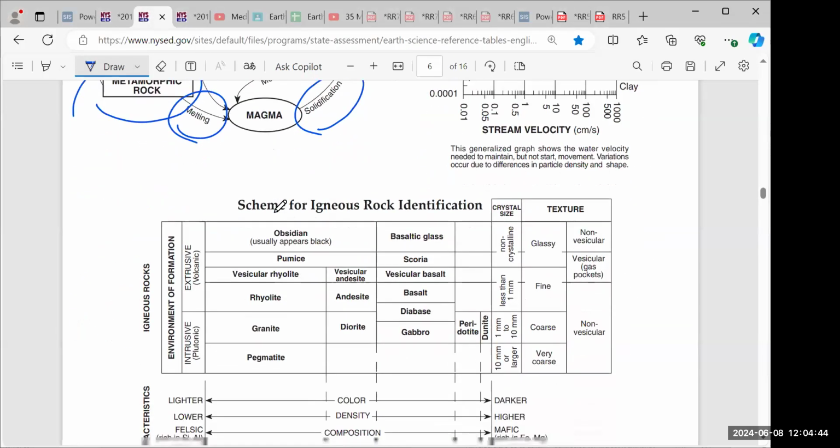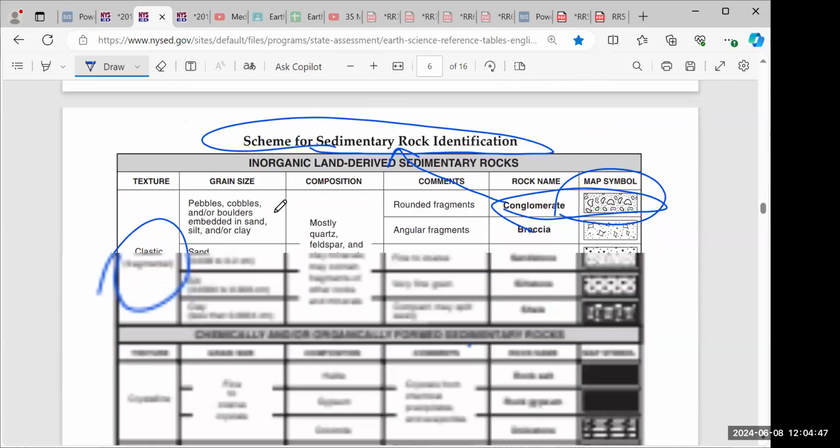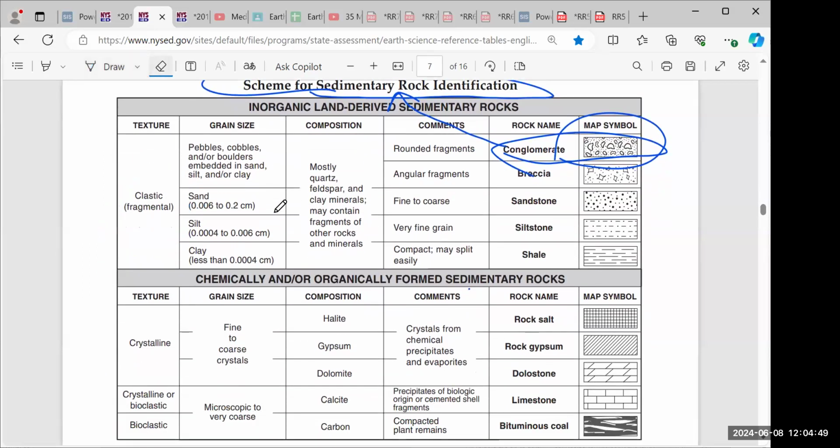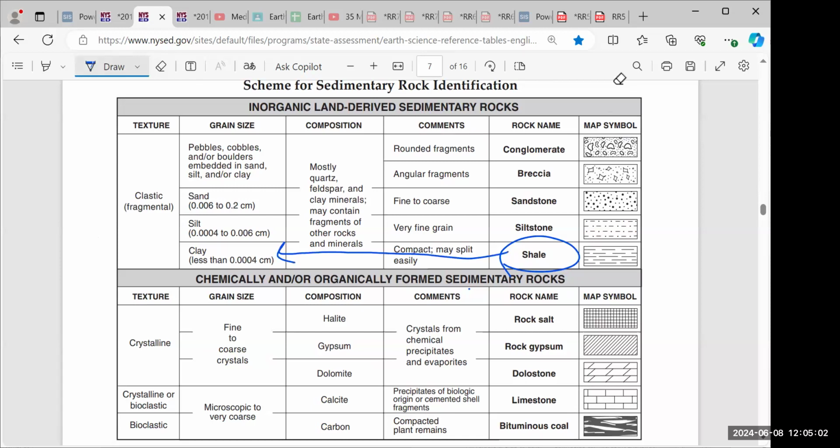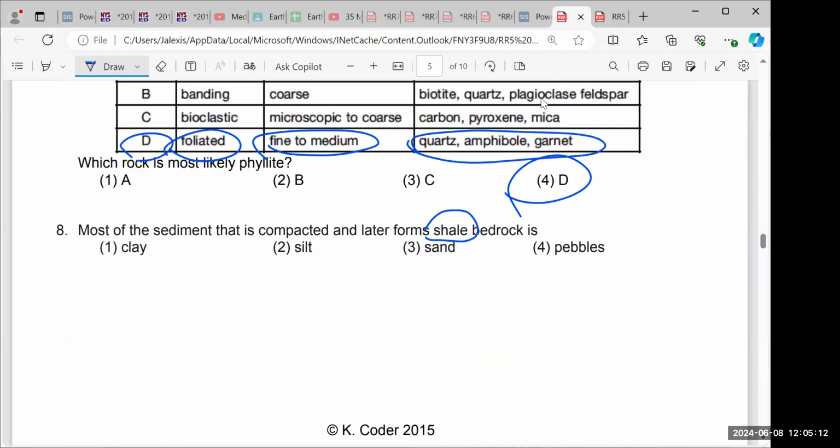Why? Because shale has sediments that are compacted, because shale is a sedimentary rock. And when you look under grain size to see what sediments are compacted, most of the sediments are clay. So that's why the correct answer is clay.